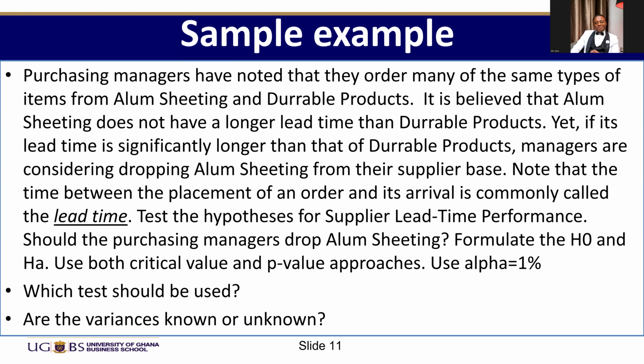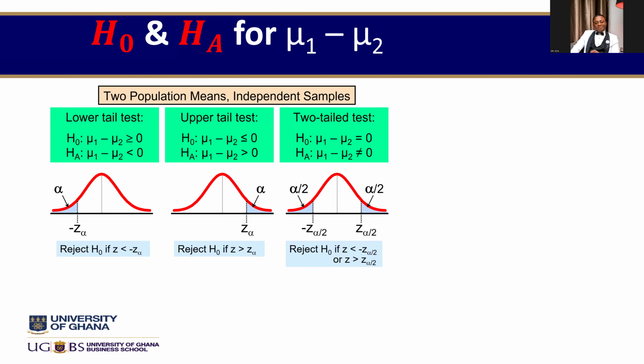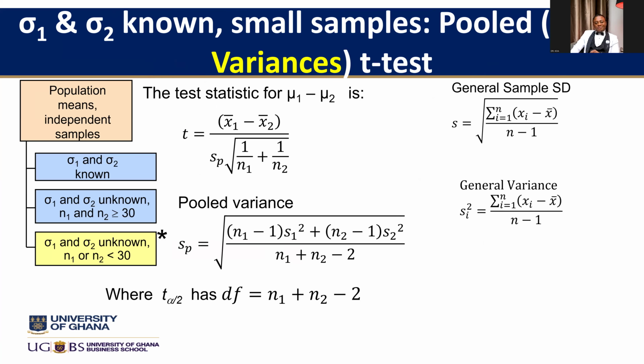Now, I told you also that there are 2 T's, the equal variance and the unequal variance. Let me just go back here to remind you of something. So this is an equal variance, okay? And then this is a formula for finding the T for the equal variance.